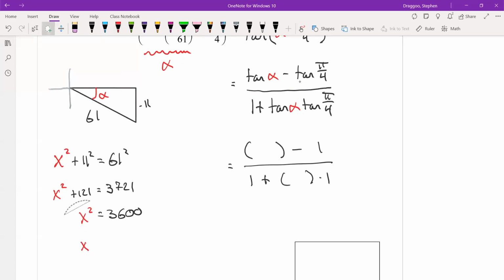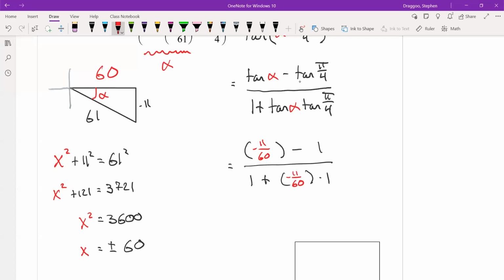So x is the square root of that, which is plus or minus 60. Because we're in the 4th quadrant, our x value should be positive, so 60 goes right there. Now, from that reference triangle, I need the tangent value, which is opposite over adjacent, which would be negative 11 over 60.